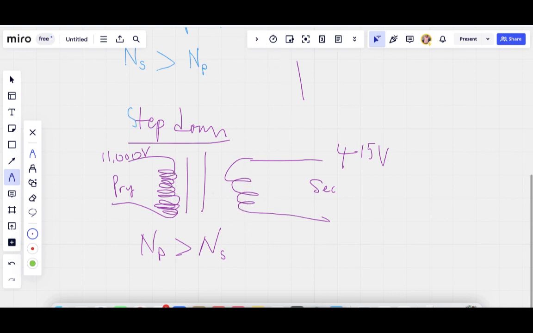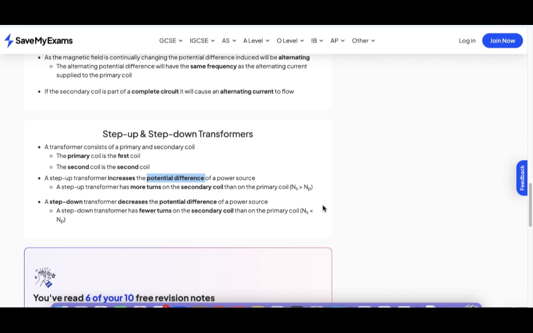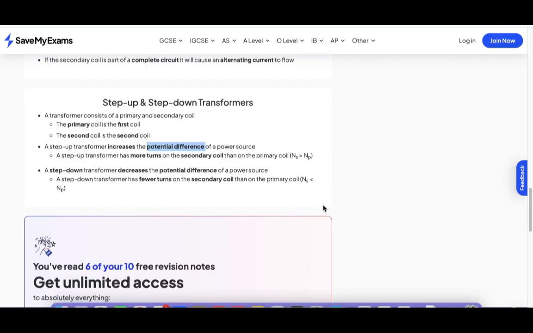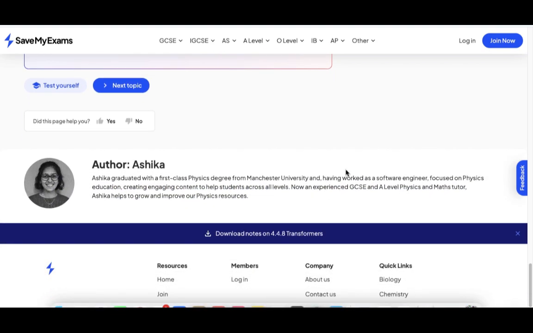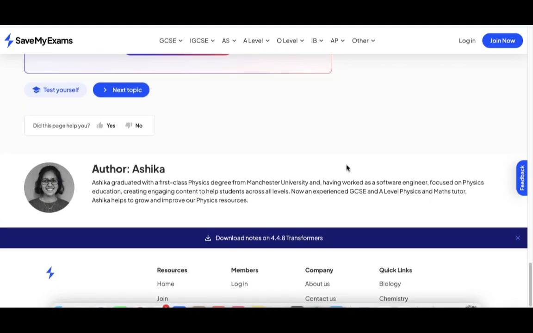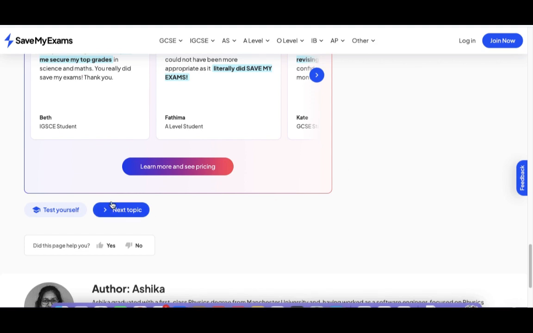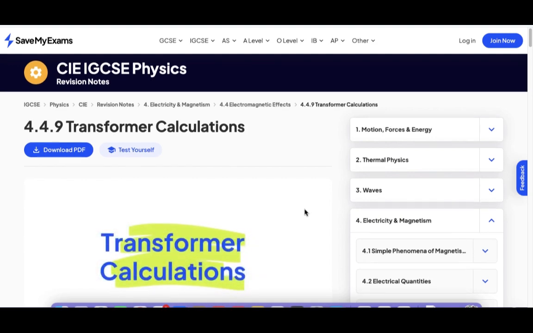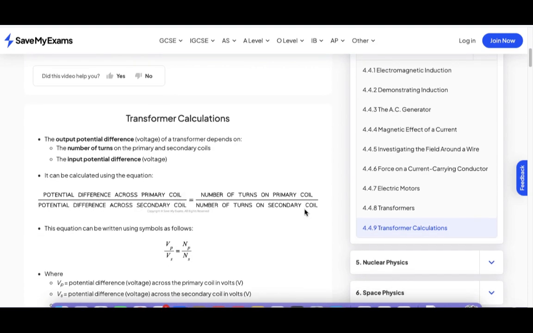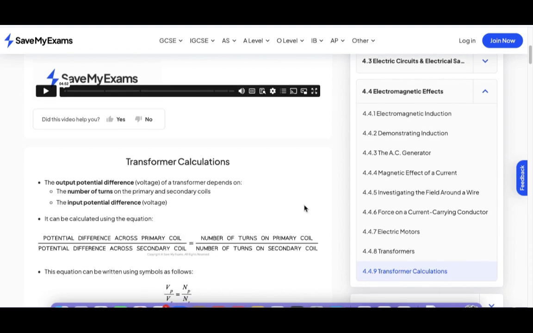Now I think we've explained what you need to hear. The next is for us to do some calculation, transformer calculations. First of all, let's write the equation of a transformer.